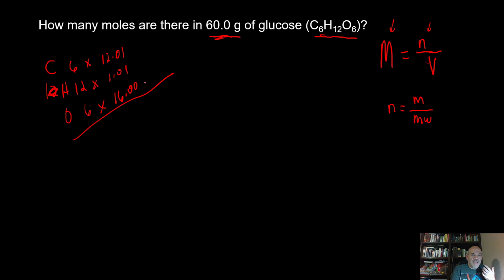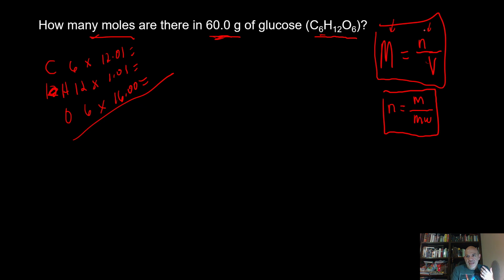We have to figure out what the molecular weight is because we're being asked how many moles, and we're going to use this equation. You're going to add this concept equation because it's related to molarity. How is it related? The n right there is the same as that n. 16 times 6 is going to be 96. Then 12 times 1 is about 12. In chemistry, they really want you to keep track of significant figures.